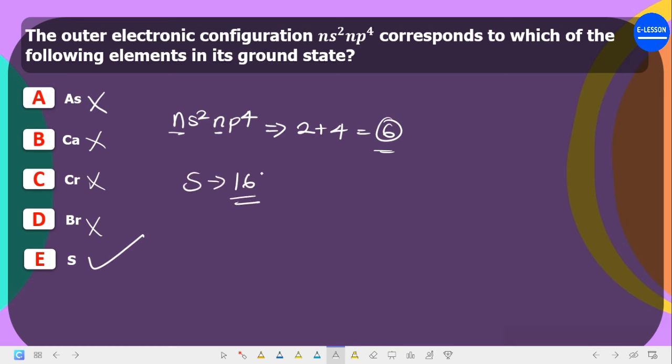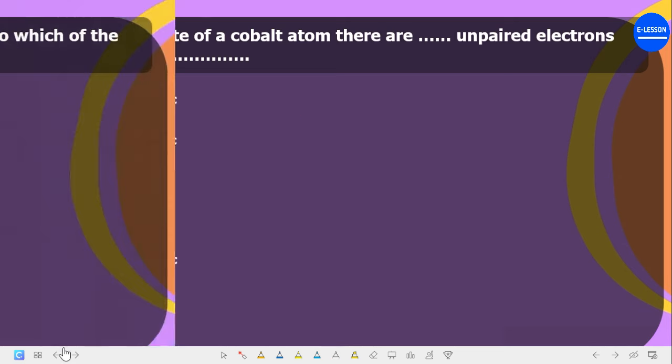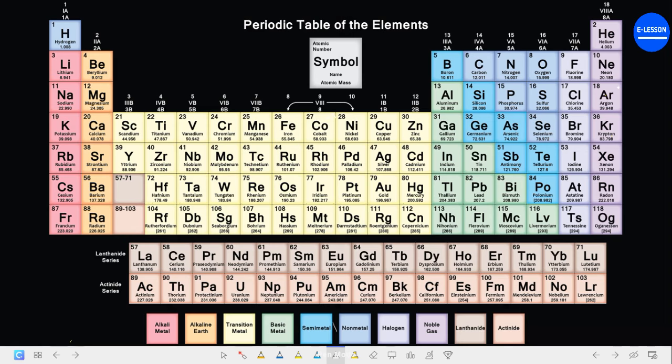Now, let's go to the next. In the ground state of a cobalt atom, there are dash unpaired electrons and the atom is said to be dash. Now, the question says cobalt has atomic number of 25. If you go to the periodic table, you agree with me that cobalt has atomic number of 27.